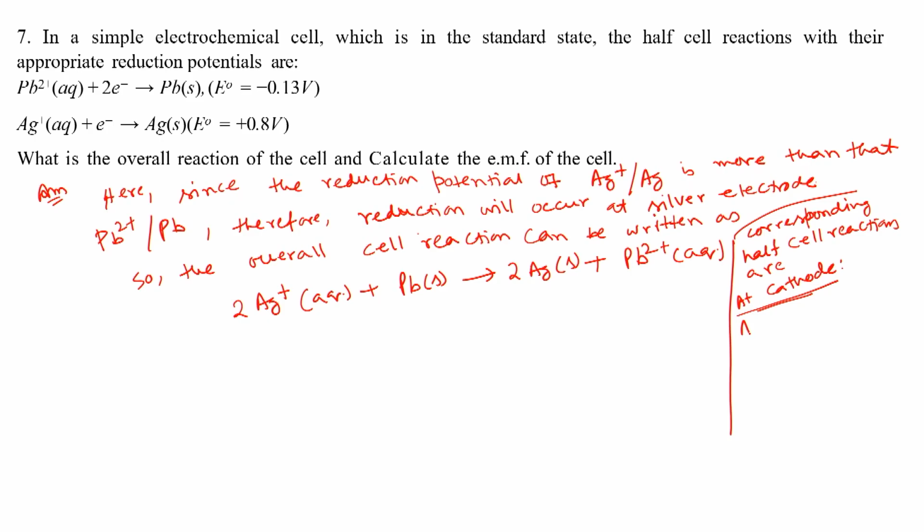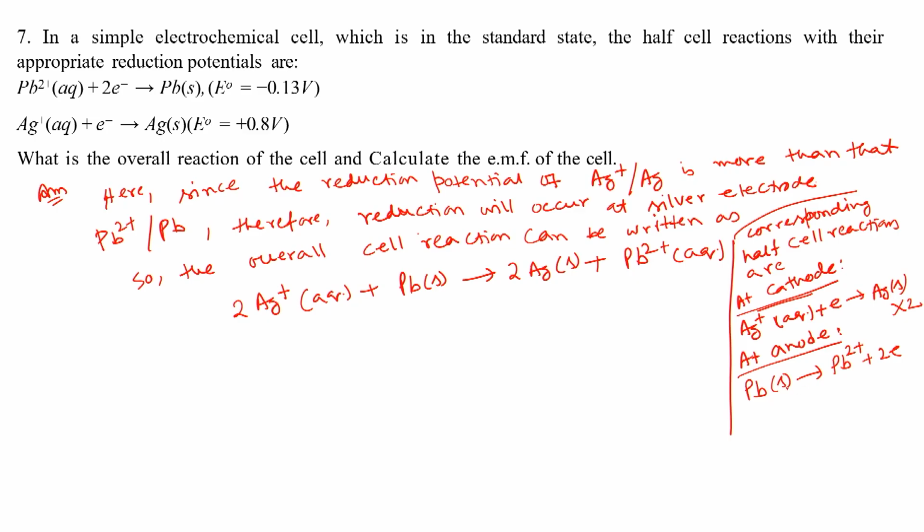So, at cathode Ag plus goes to Ag, and at anode solid lead goes to Pb2 plus plus 2 electrons. So, we need to multiply the cathode reaction by 2. Then if we add them we get the overall cell reaction.